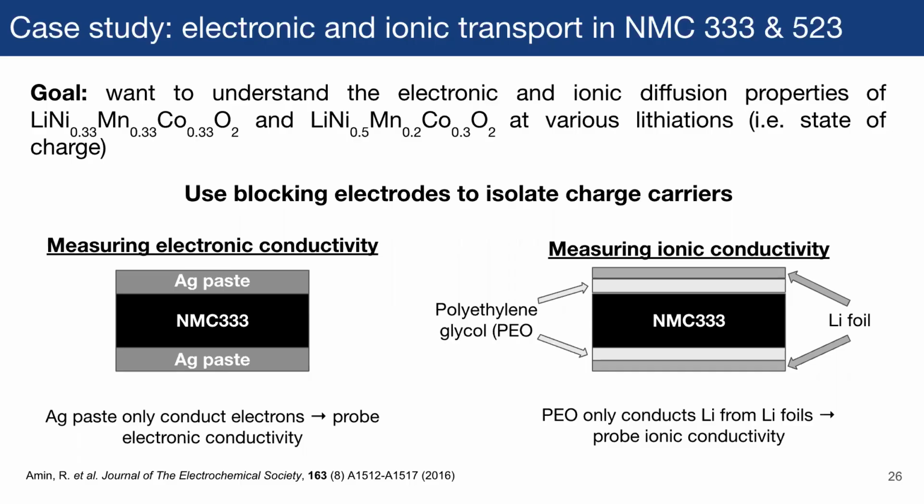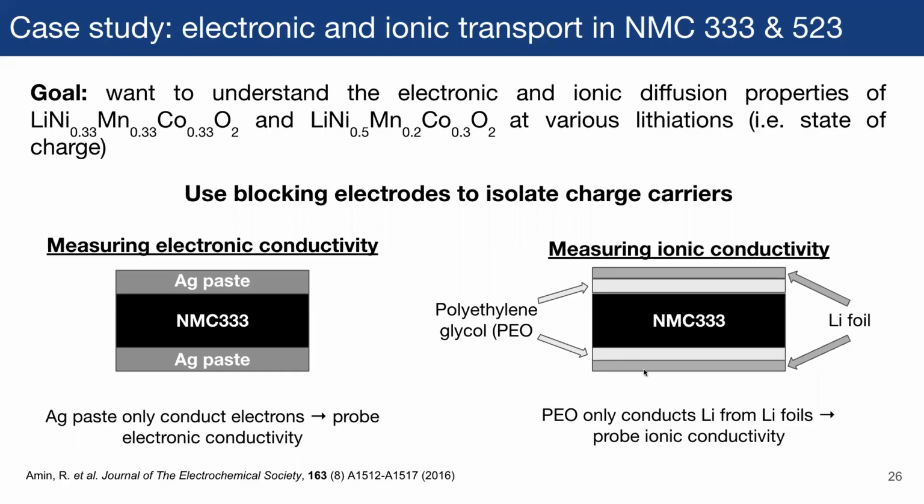On the other side, when we consider measuring just ionic conductivity, we actually employ a few different layers. We put in our cathode here, then we put in polyethylene glycol, PEO, which only conducts lithium. So this is an electronic insulator, which means that electrons will not pass through this layer.